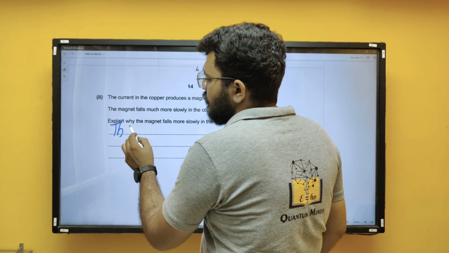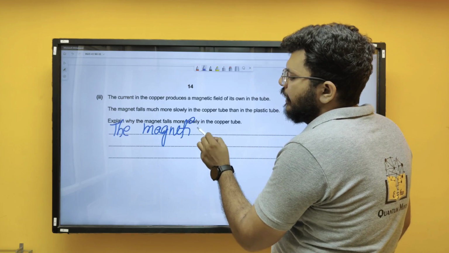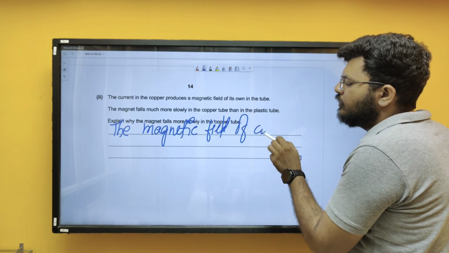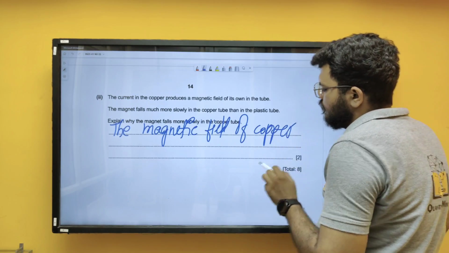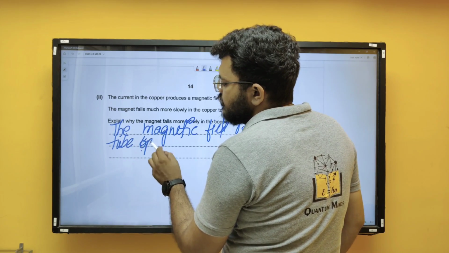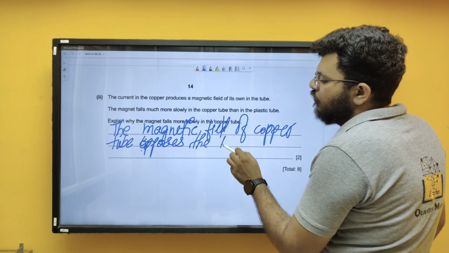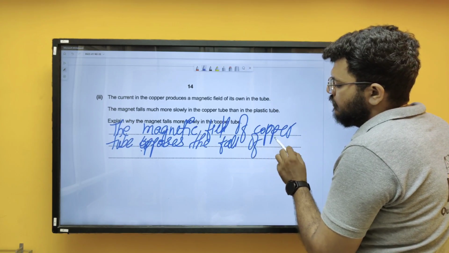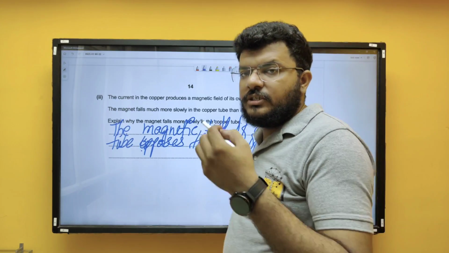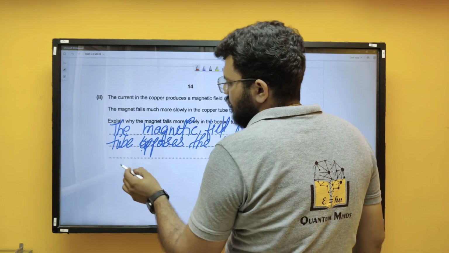The magnetic field of the copper tube opposes the fall of the magnet, right? They are in opposite direction. Both the magnetic fields are in opposite direction, so they repel.